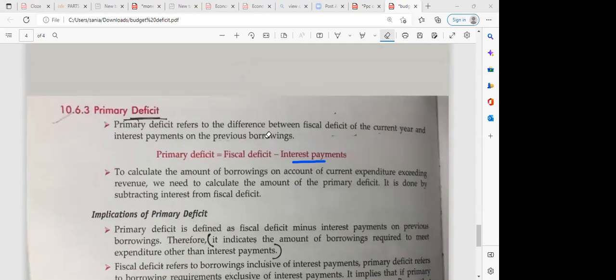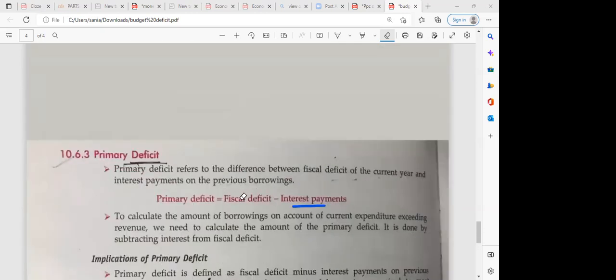See, primary deficit is somewhere equal to fiscal deficit. The only difference between primary and fiscal deficit is that in fiscal deficit you include interest payment, but in primary deficit you don't include interest payment. So if you want to reduce primary deficit, you should focus on reducing fiscal deficit, because somewhere it is equal.